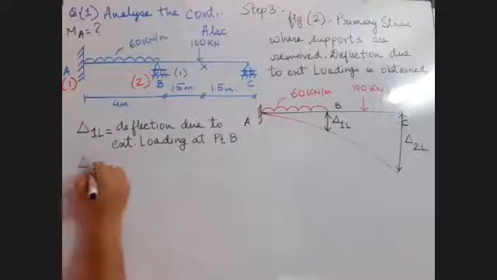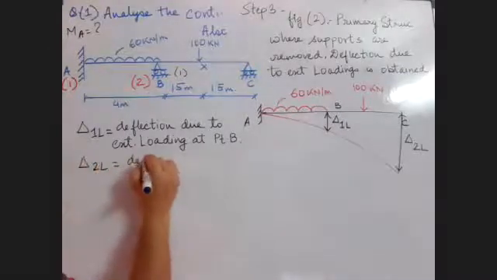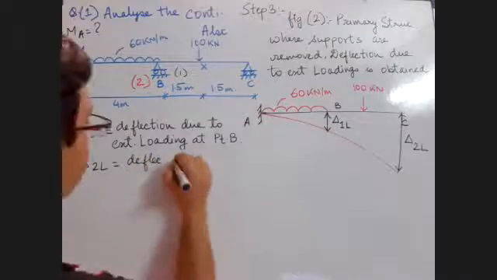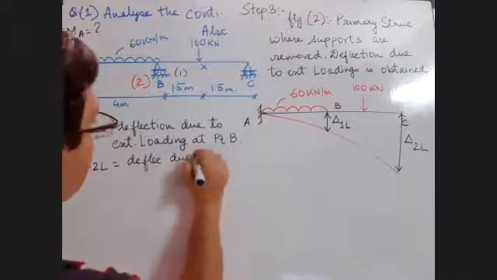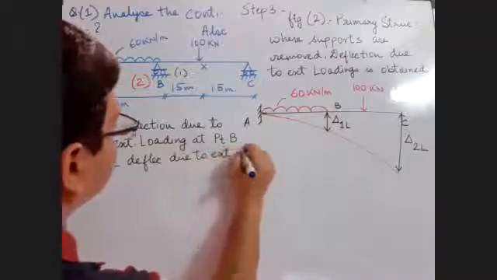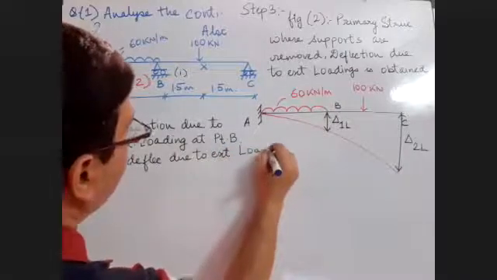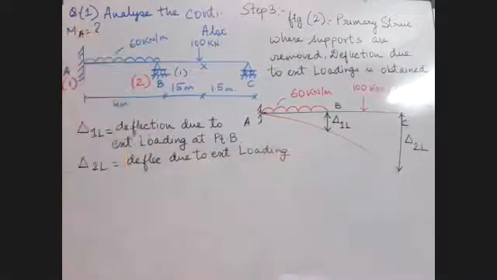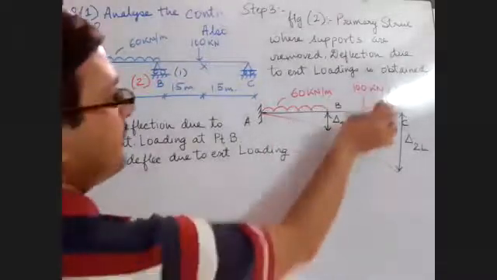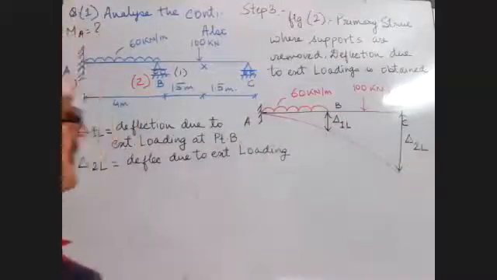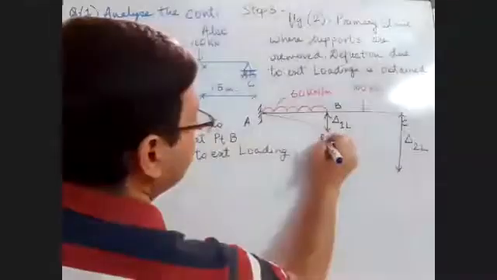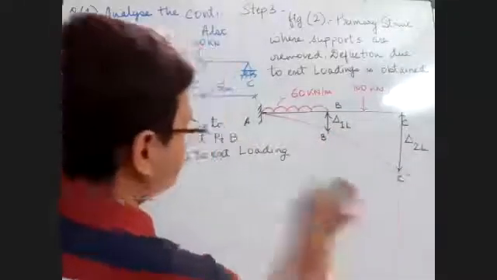Delta 2L is the deflection due to external loading at point C. Since I have removed the support, obviously there will be deflection. Let the new position be B dash, then C dash.